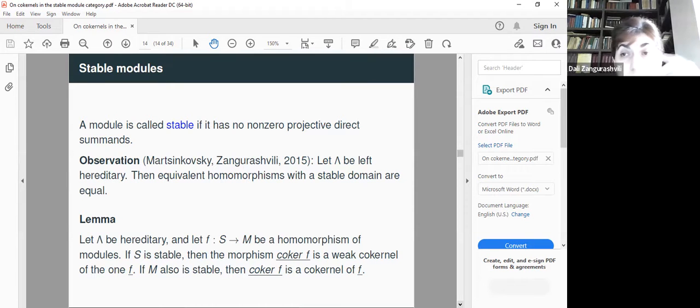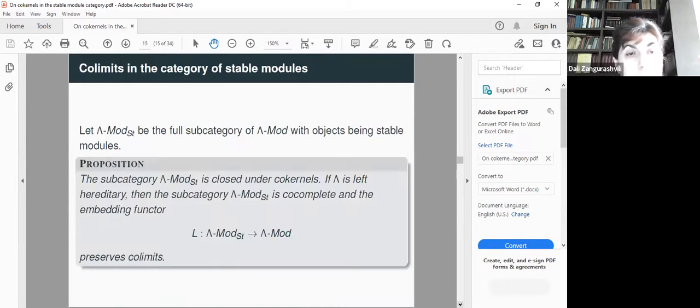In this other approach we compare the stable category and the category of stable modules. We will construct adjoint functors between them. So I will show how we do it.